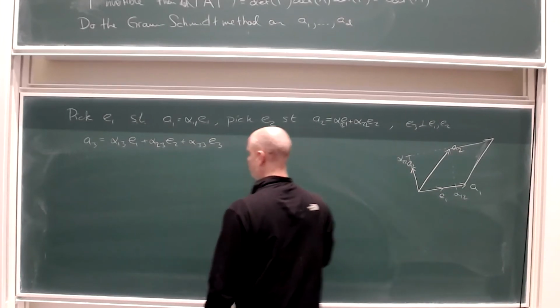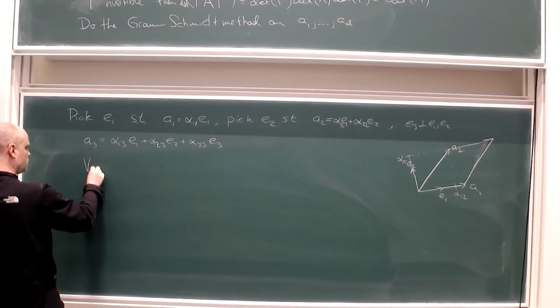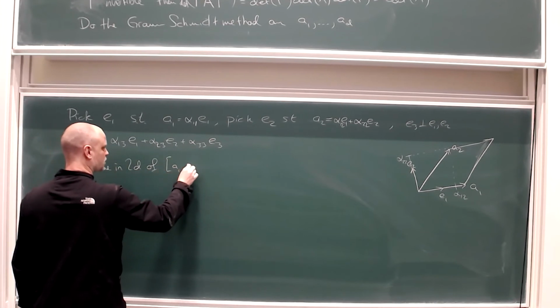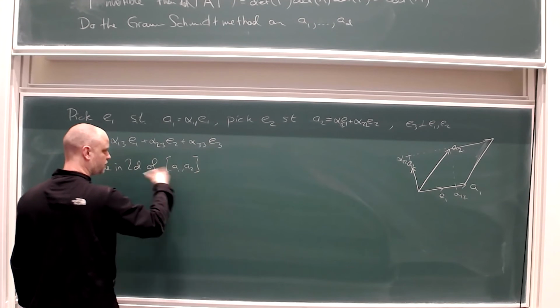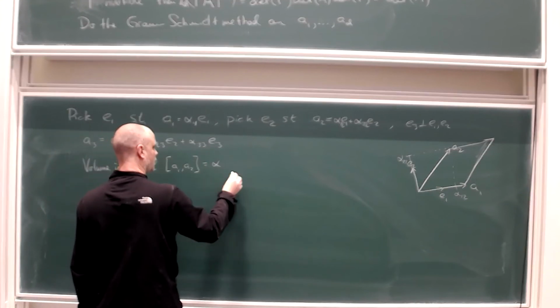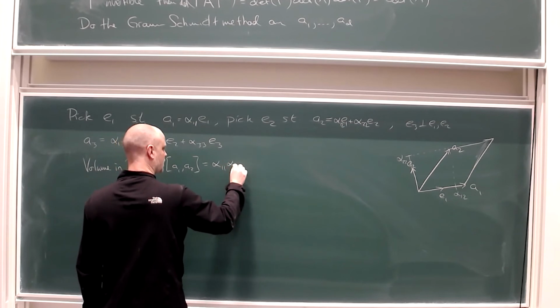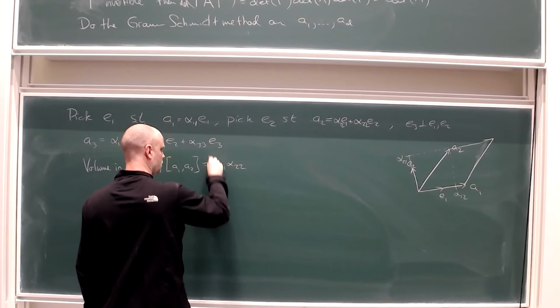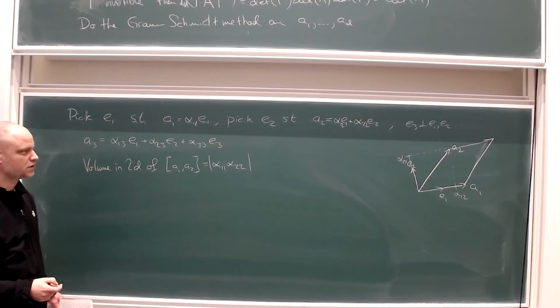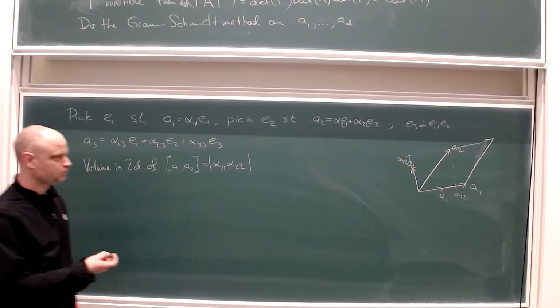So here we have the data matrix, which consists of A1 and A2. If it's just two-dimensional, then this is alpha 1,1 times alpha 2,2. Okay, and in modulus to make sure you don't get negative numbers. Yeah?